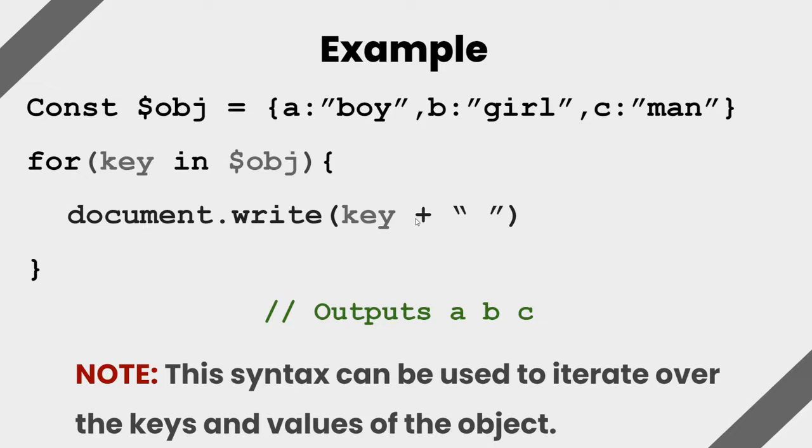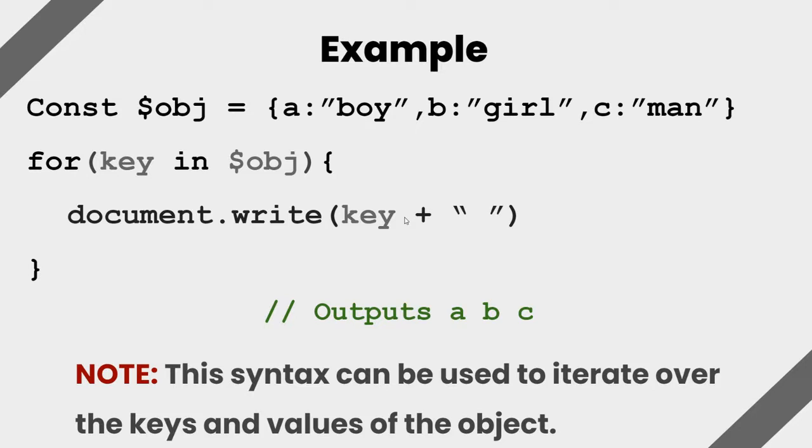So if I'm to iterate over boy, girl, and man, this would actually be document.write, then with the key here, and using the bracket notation would have the $obj. So this would mean that I should iterate over the keys, the values within the object.